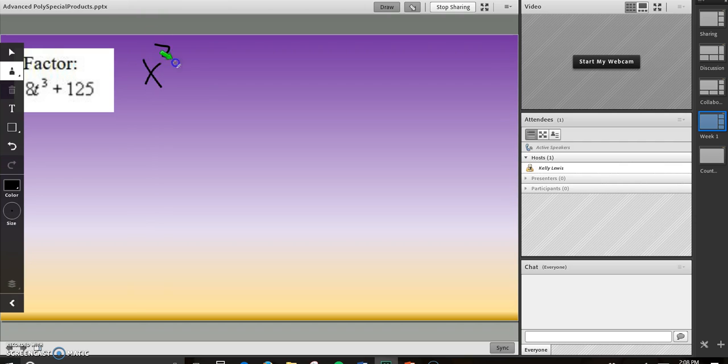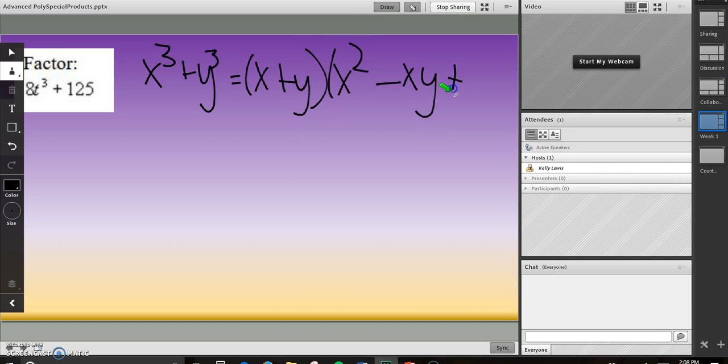So we're going to do x cubed plus y cubed equals x plus y, x squared minus xy plus y squared. Cool. All right, so we have to figure out 8. Some number times itself is 8. There's 2, 2 times 2 times 2, so it's 2 cubed. And then t cubed is t times t times t.